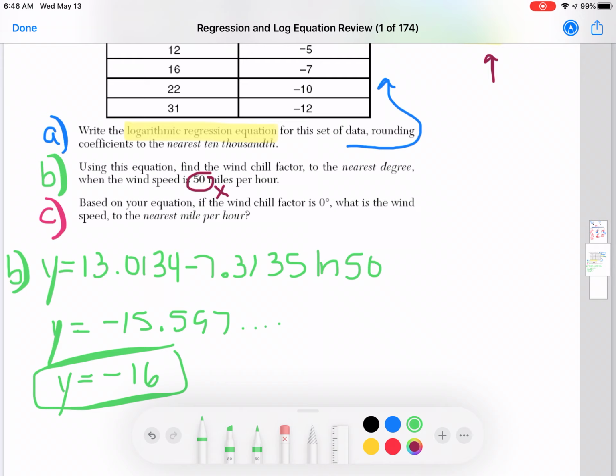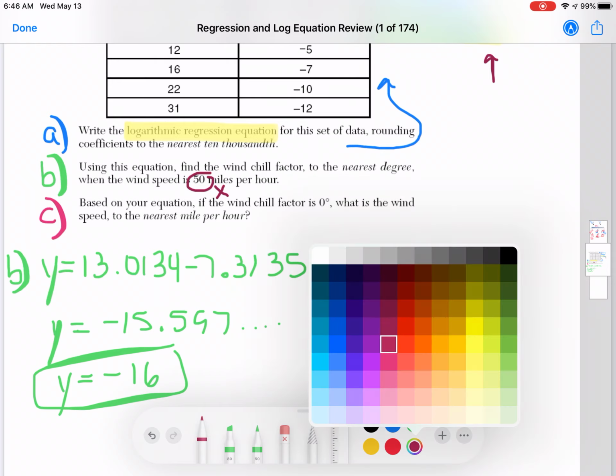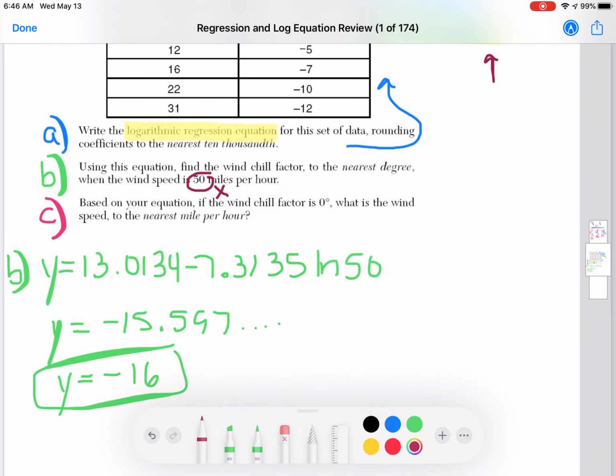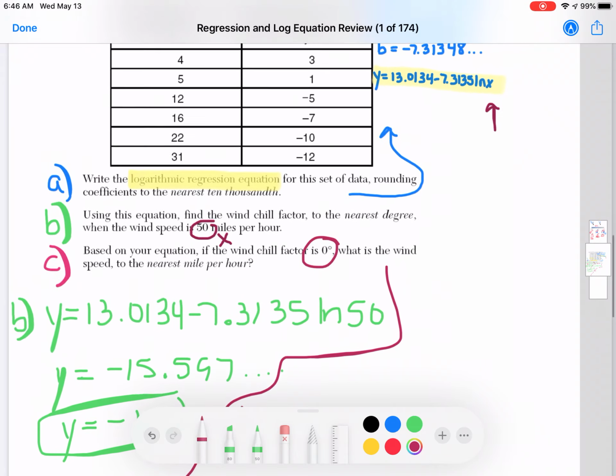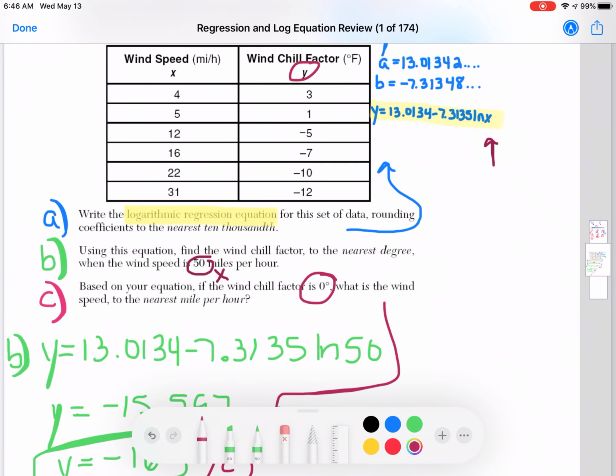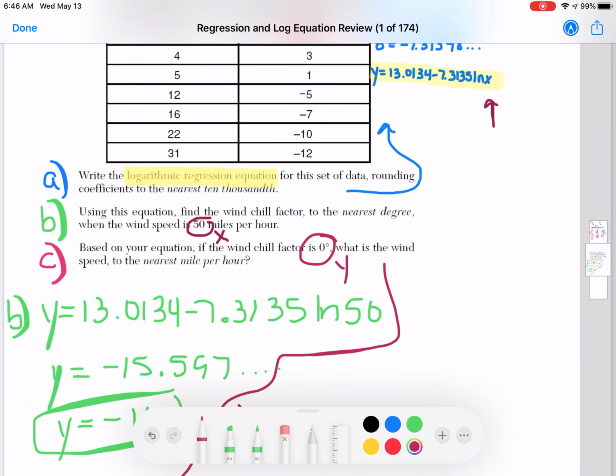Alrighty? Okay, and now for part C. Based on this equation, if the wind chill factor is 0, wind chill factor is my y value. So I'm going to plug in 0 here, but I'll still have x there.